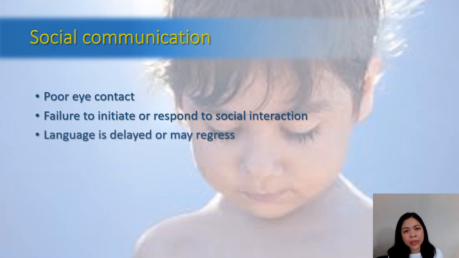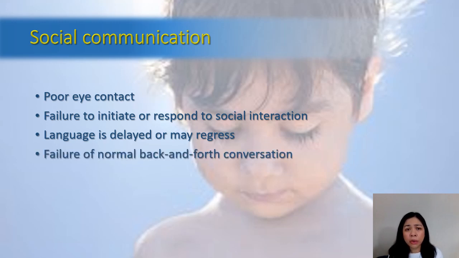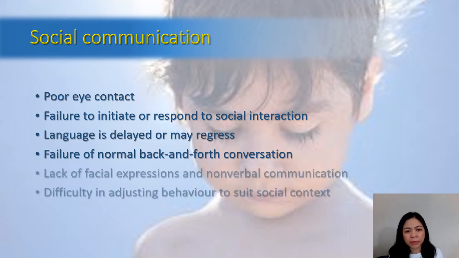Language is delayed or may regress. Although they may speak in words or sentences, most of what they say appears to be just talking to themselves, reciting what they hear from TV, or echoing what they hear around them. They often do not converse or respond conversationally to other people.